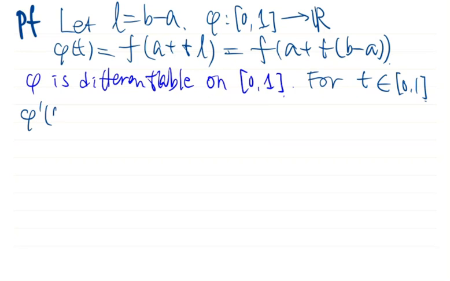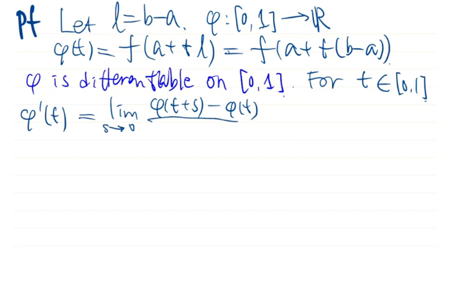we want to see that the derivative exists. The derivative is the limit as s goes to 0 of phi of t plus s minus phi of t, divided by s. But what's this? This is the limit as s goes to 0.